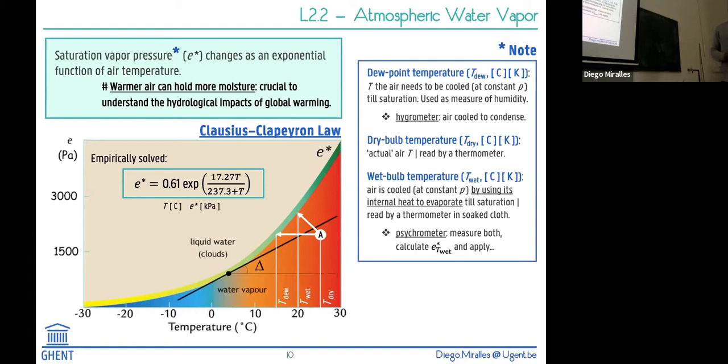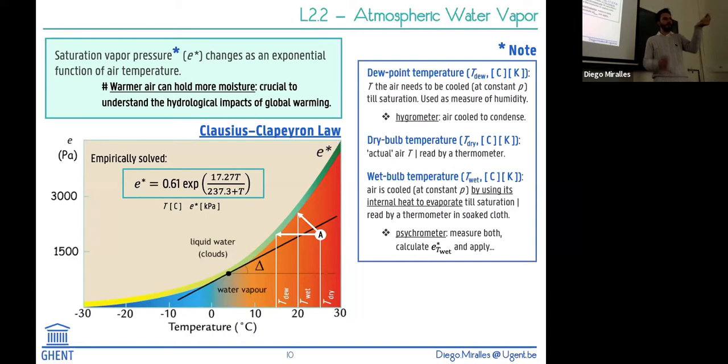Another way is to use what we call a psychrometer, which is a couple of wet bulb and dry bulb thermometers. That's why I'm actually talking about this now. So the psychrometer, the way it works is it measures both the temperature that actually has here, the dry bulb temperature, as we call it, with a normal temperature thermometer.